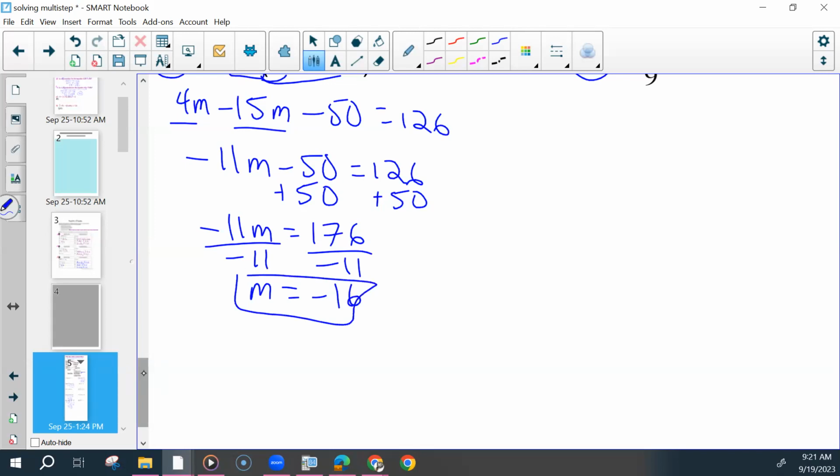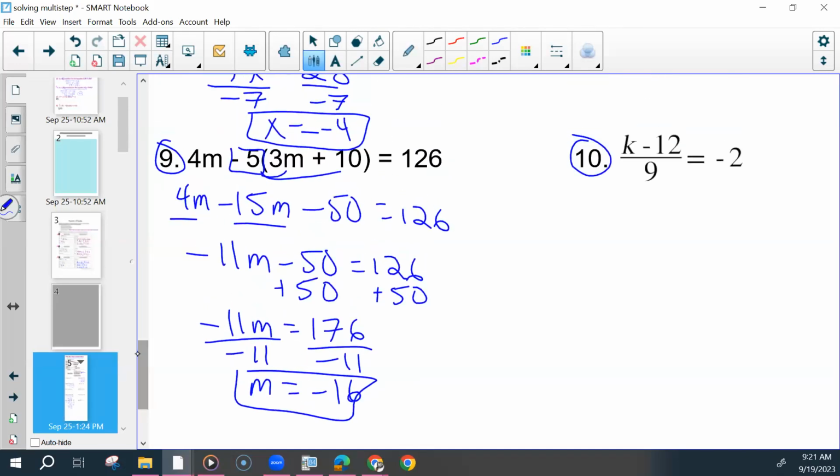I will say we checked that in first period, it did work. But you can also check it in your own. You said we were going to multiply first. You could not get rid of the 12 without getting rid of the 9, so we have to multiply first.